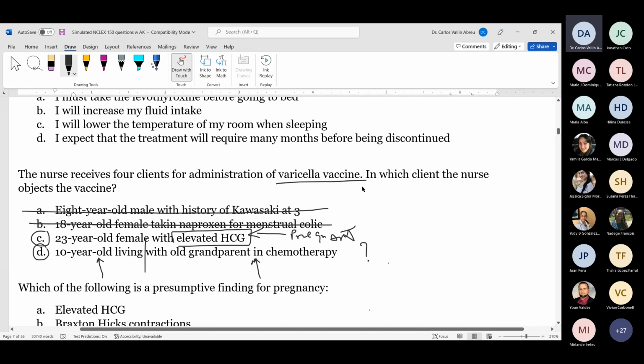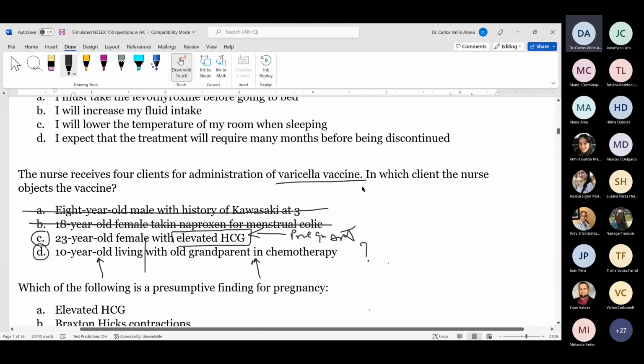So we need to contrast a child that is living in a house with a grandparent that is in chemotherapy. This grandparent very probably is immune against varicella. You know that any person that was born before 1955, I think, is considered immune to varicella because they probably had it. And the new generations, from the 80s and now, have been vaccinated.